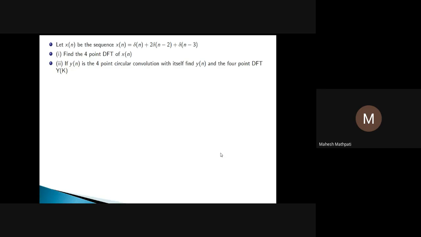In that, find the first point, the 4-point DFT of x of n.